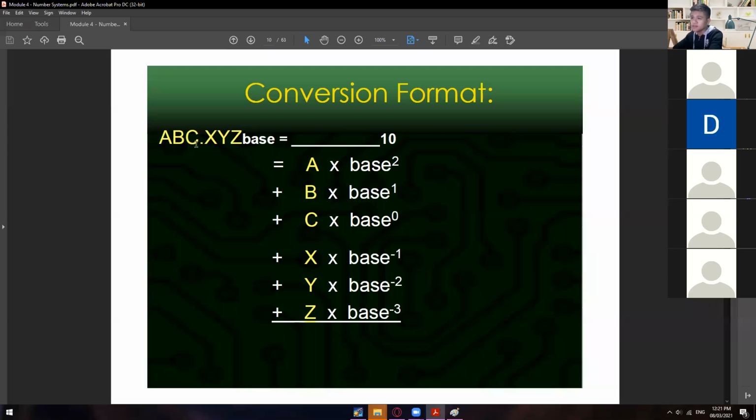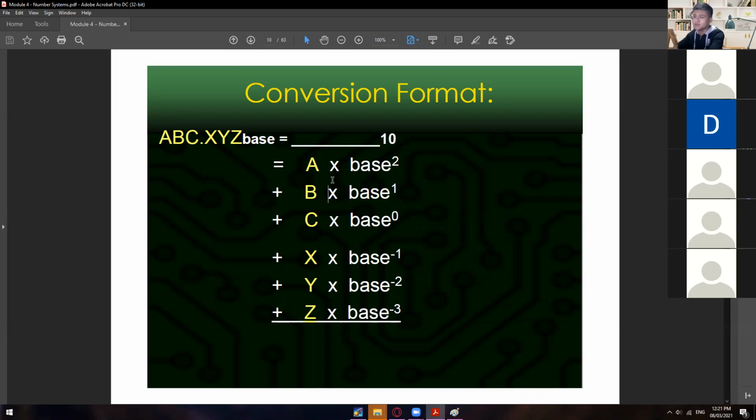We have here the integer part, and then we have here the fraction part. The first step that you guys will do is arrange this from top to bottom. So we have here A, B, C, and then X, Y, Z. It's from top to bottom, from highest bit to lowest bit, right?